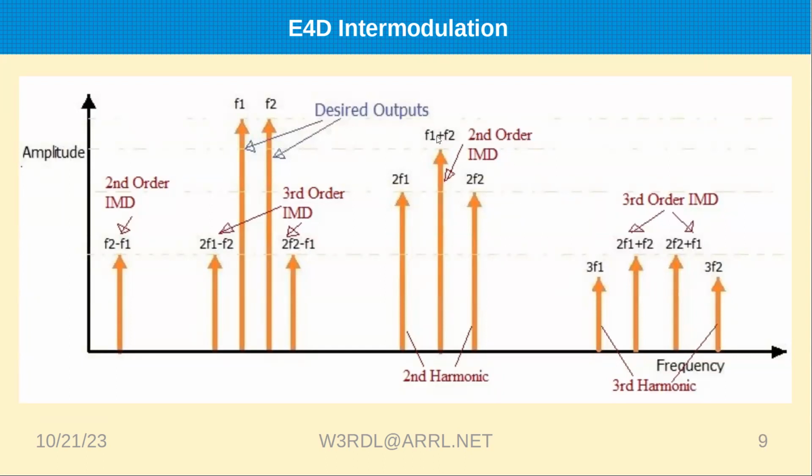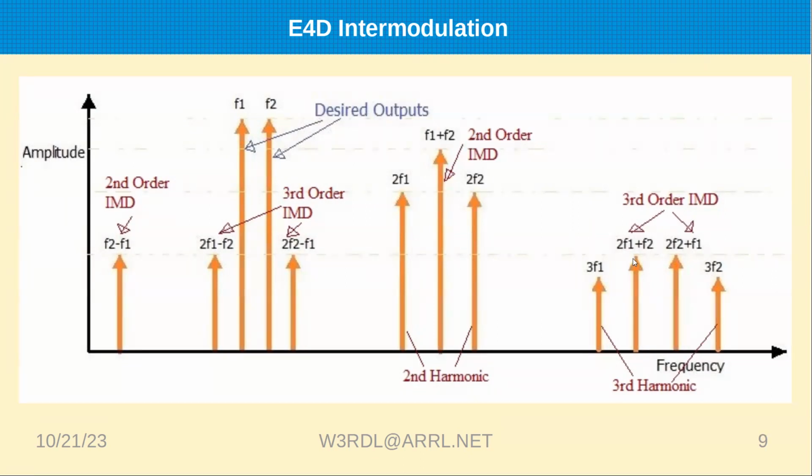This is showing our F1 plus F2 are this center band for the second harmonic, and basically there are 3 products for those, 2F1 and 2F2.